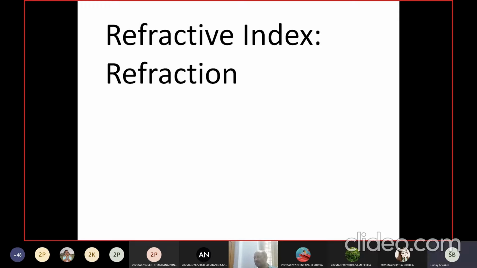Is refractive index a number? Yes, sir. Good. Is it an integer or a real value? Real value. I think it was C by V, sir, so it would be a real value. Okay, real value. Good.